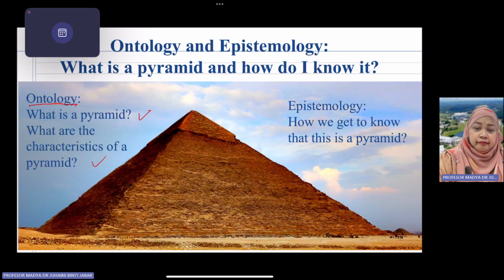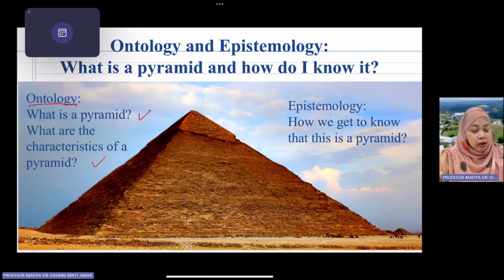And you also know in terms of reality, there are pyramids in other locations other than Egypt. We also have a pyramid in Malaysia, but it is not a historical pyramid. We have Sunway Pyramid, it's a shopping center. So how do you know from this picture that this is not the Sunway Pyramid?